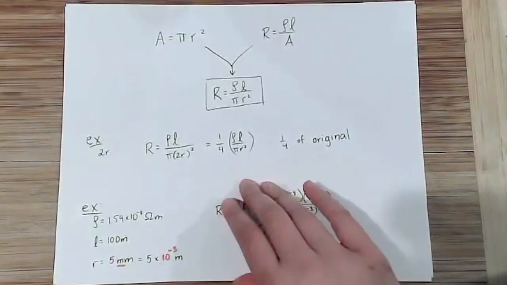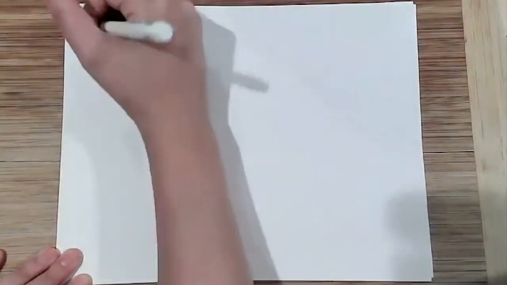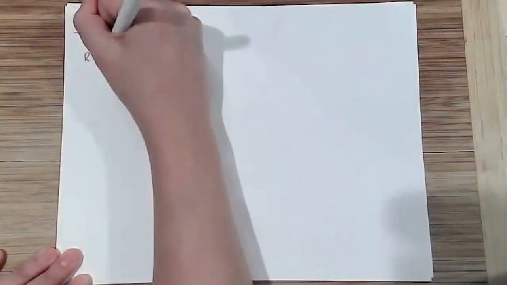As a last problem, let's do something tricky. This is the hardest one you would have to do, or at least the hardest one you'd have to do for the homework. Let's say I'm in class and I get a reading with a length of 10 centimeters. I can figure out the resistance using the multimeter is something like 2 ohms.